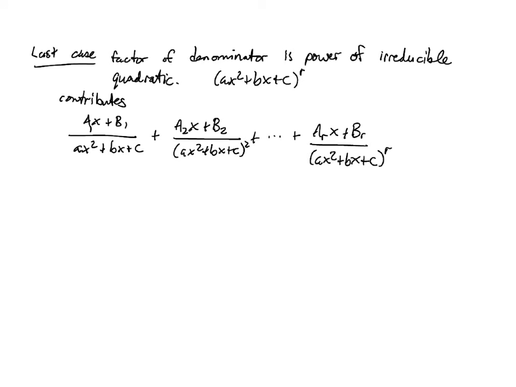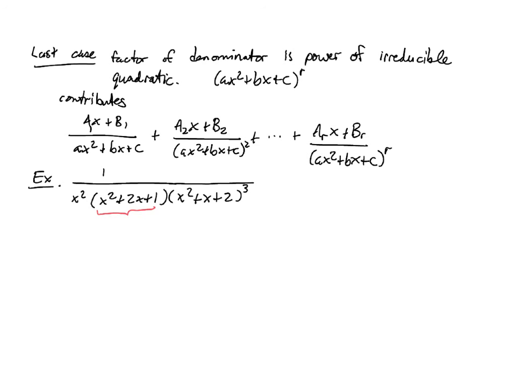So as a last example, if I want to look at 1 over x squared times x squared plus 2x plus 1 times x squared plus x plus 2 cubed. Now this one's a little bit subtle. The thing that you have to note is that this is not irreducible, because that one factors as x plus 1 squared.